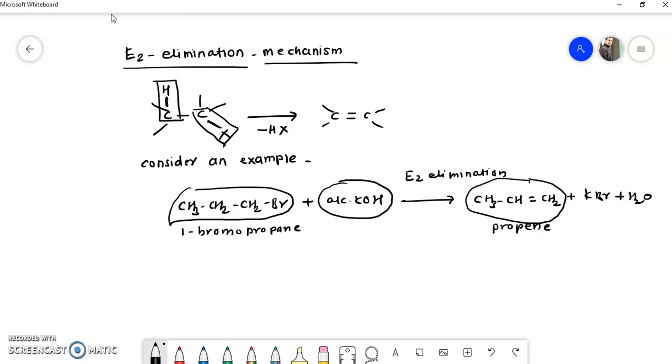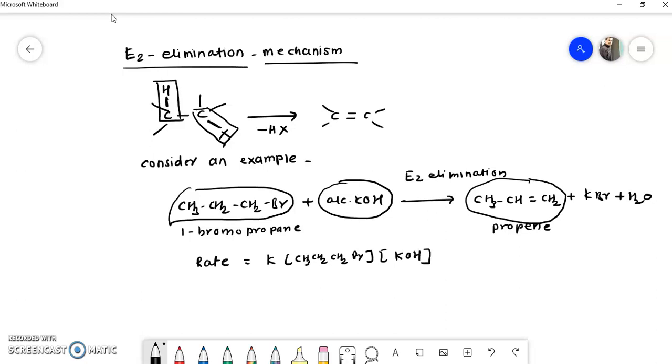That means the rate of formation of this propene depends on both the starting materials, 1-bromopropane, that is alkyl halide, as well as base, that is alcoholic KOH. Therefore, it is found that rate is equal to k into concentration of CH3 CH2 CH2 Br as well as concentration of this KOH.